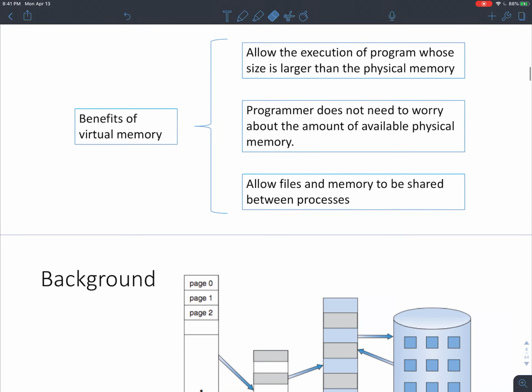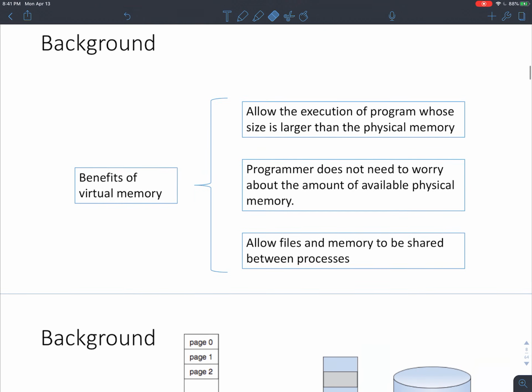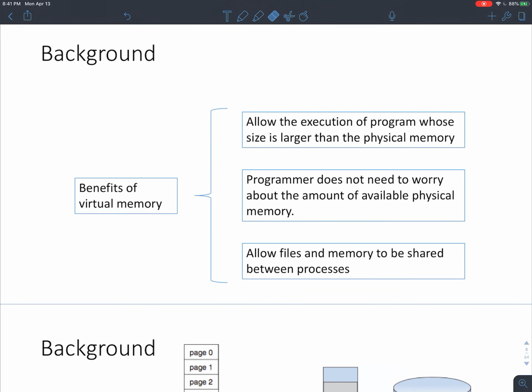Virtual memory brings a lot of benefits. We can execute programs whose size can be many times larger than the physical memory space, and programs do not need to worry about the physical memory. A side effect is that it allows files and memories to be shared among multiple processes.